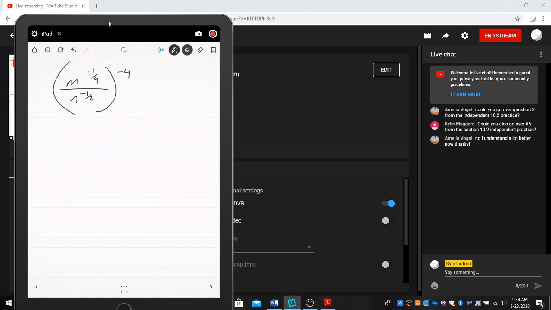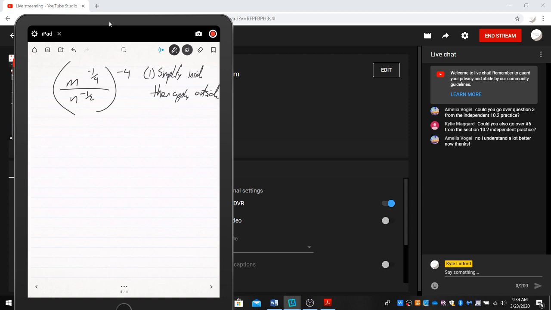I'm going to do both ways, and you decide which you like. Some students like one method, other students like another. The first one, version 1: some people like to simplify inside first, then apply outside.